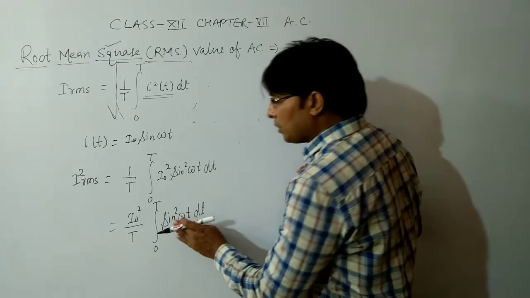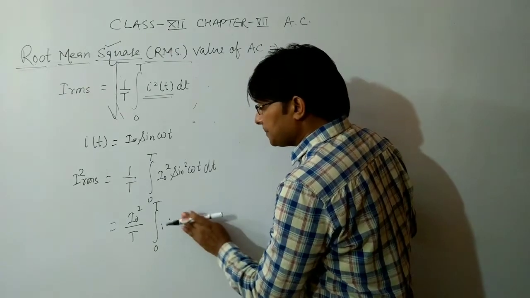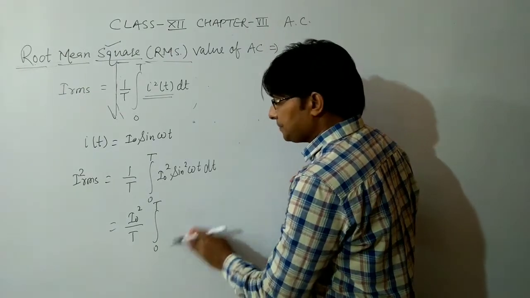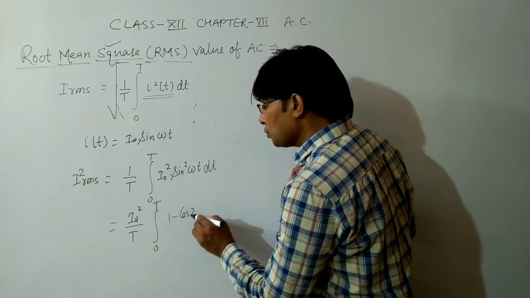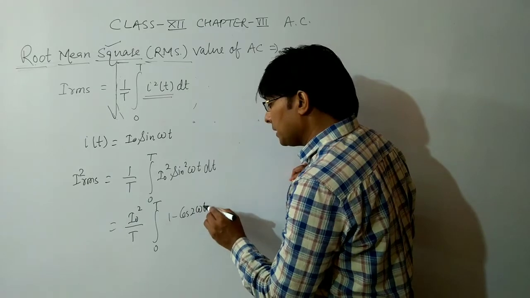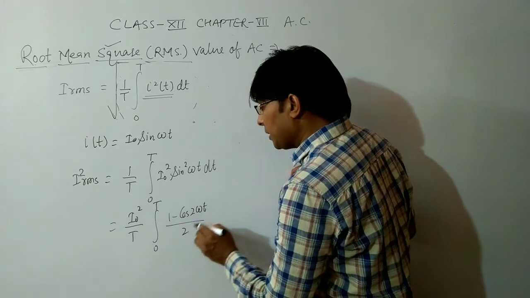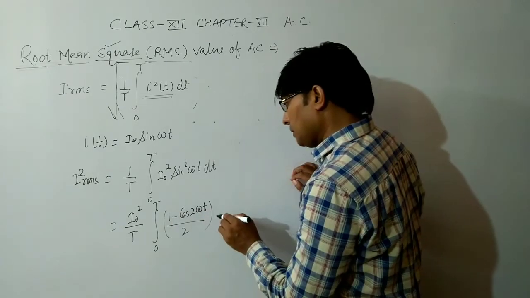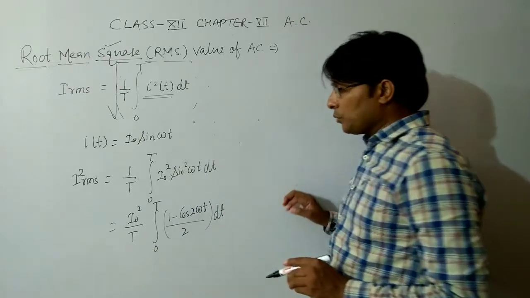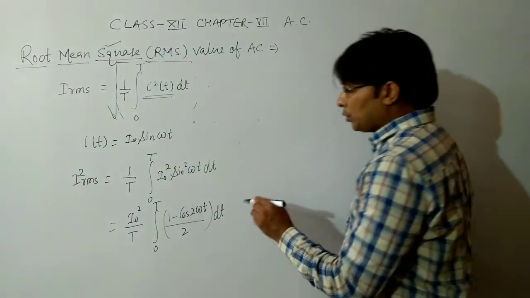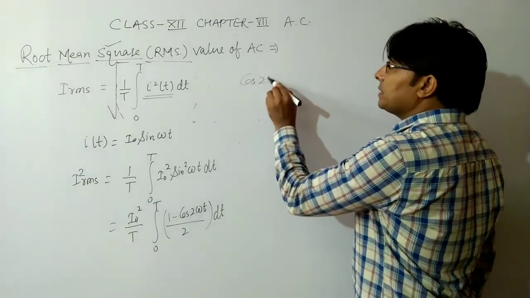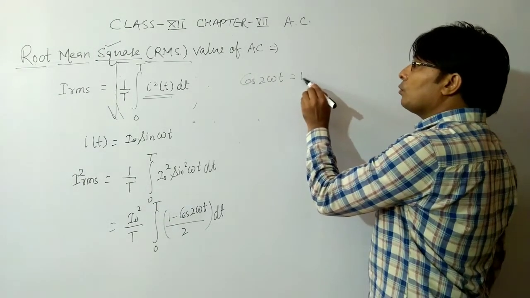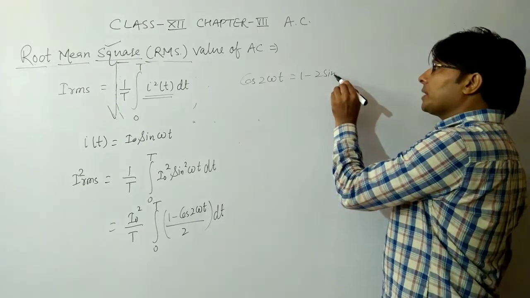So if I write down this sine square omega t as 1 minus cos 2 omega t divided by 2, you will say, of course we can write down, because you know that cos 2 omega t is equal to 1 minus 2 sine square omega t.